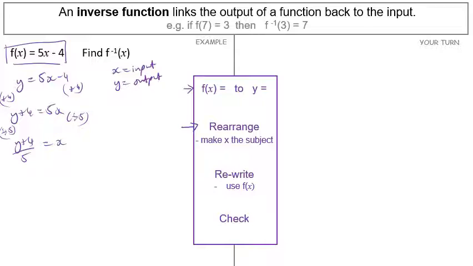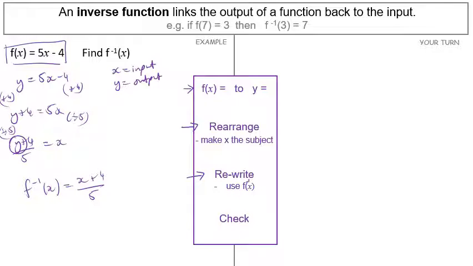And we get x is equal to y plus 4 all over 5. We now need to rewrite this using our proper notation. So f to the -1, the inverse function of x is equal to, and when we write this, we're going to replace the y here just with x.